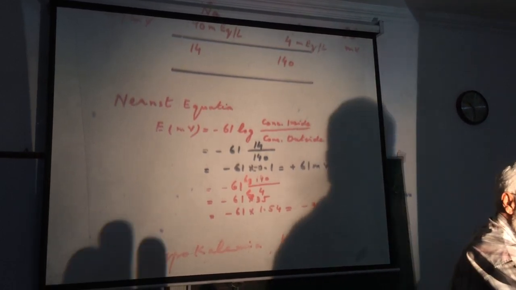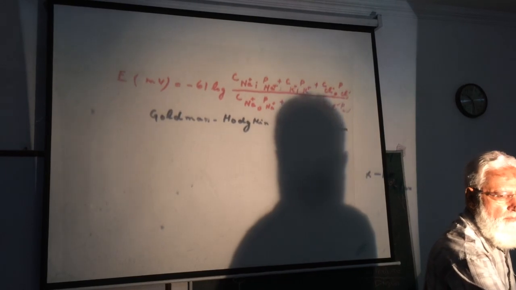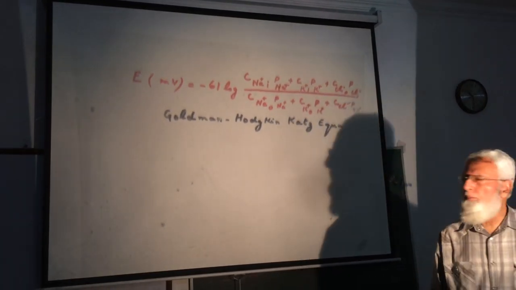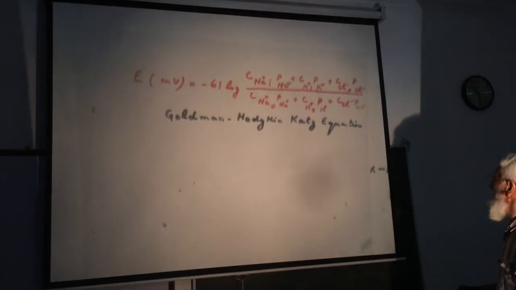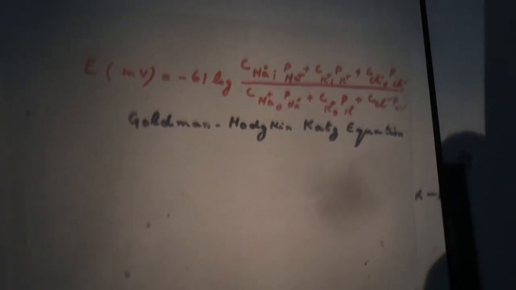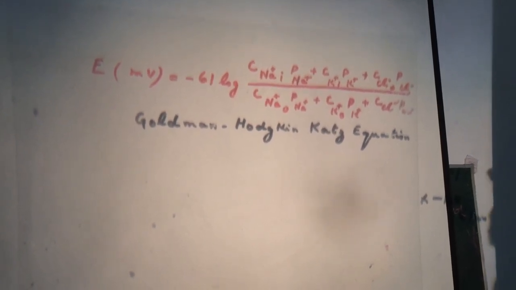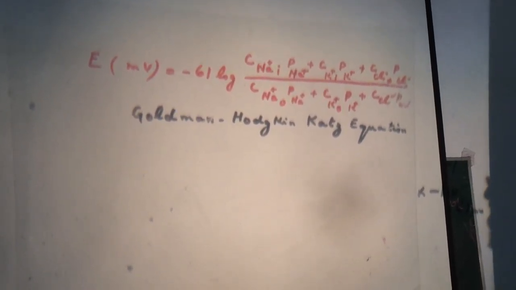By the Nernst equation, we have proved the mechanism of the resting membrane potential. We can also determine the resting membrane potential by the Goldman-Hodgkin-Katz equation.